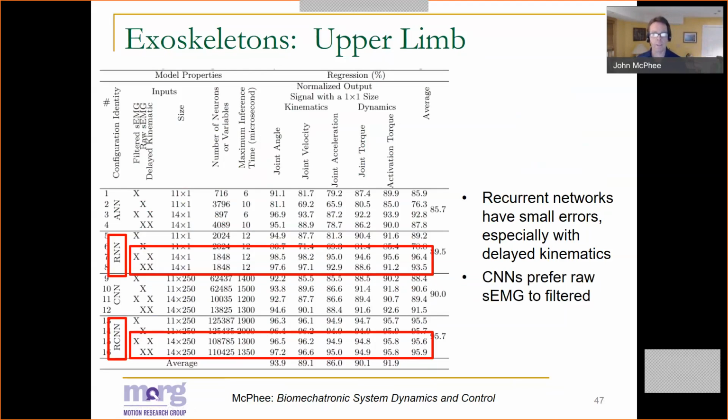So this is quite an important result. And overall, even the slowest neural network, shown at the bottom here, still can compute activation torques and other human intents with less than 5% error in about 1.4 milliseconds, which is certainly fast enough for a real-time controller.